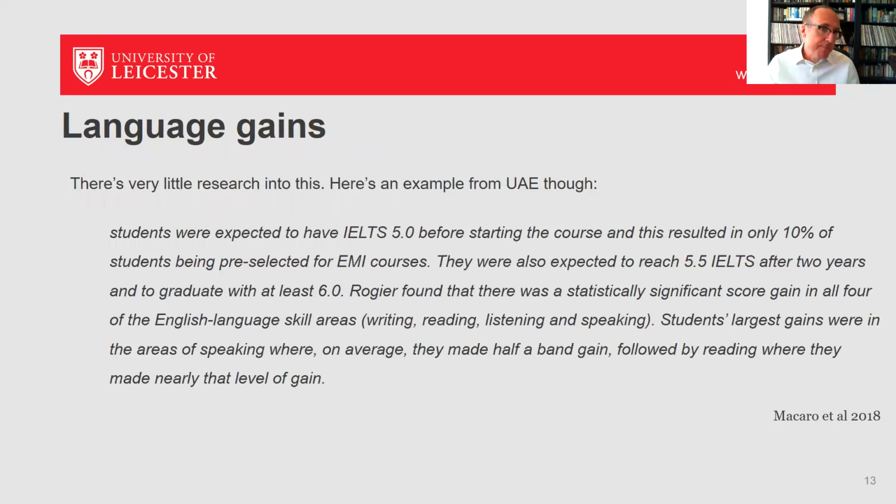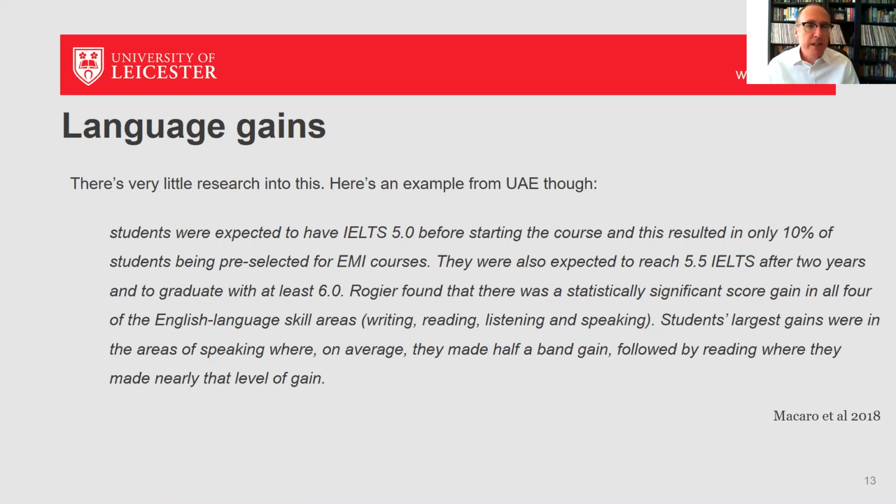Just on this same point of language gains, there's not a lot of research in this area, but here's a really interesting example from the UAE. This was taken from Macaro et al., a big, state-of-the-art paper that covers all the regions and what's going on globally.